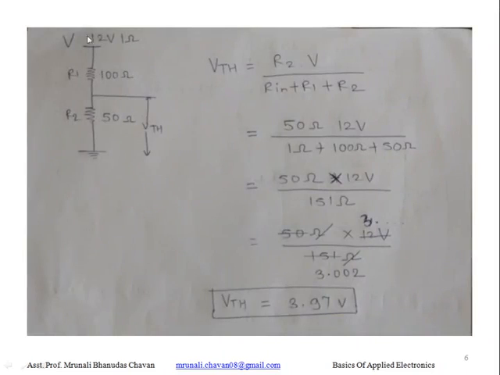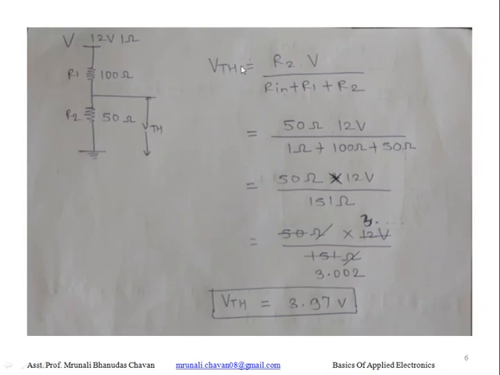Therefore, we can redraw the circuit here like this. Here 12 volt, 1 ohm internal resistance is there, R1 and R2. According to potential divider rule, we can write the formula for VTH. VTH is nothing but the voltage drop across R2.